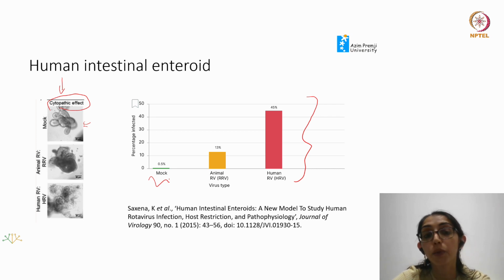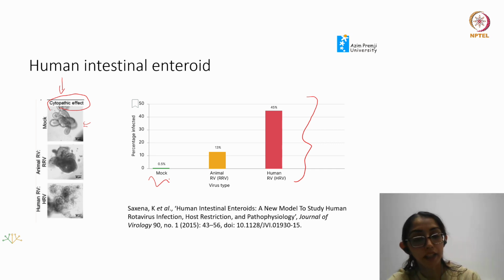With the human rotavirus, 45% were infected. And so what Saxena et al. have done is shown that this human intestinal enteroid could be a good model system to study how human rotavirus infects human cells, right?